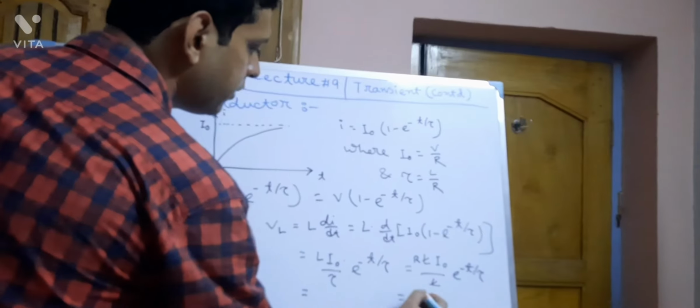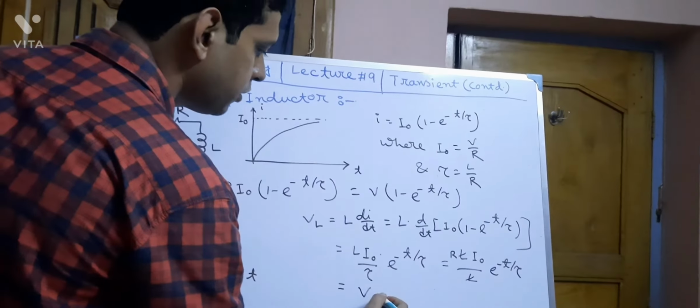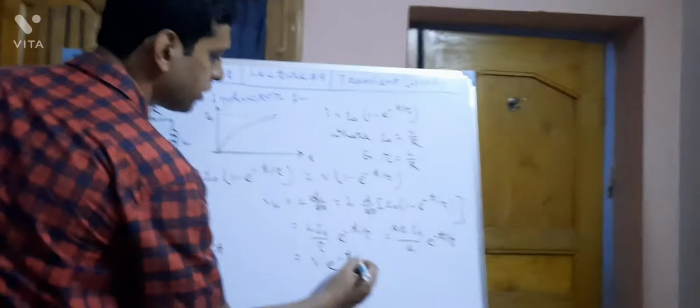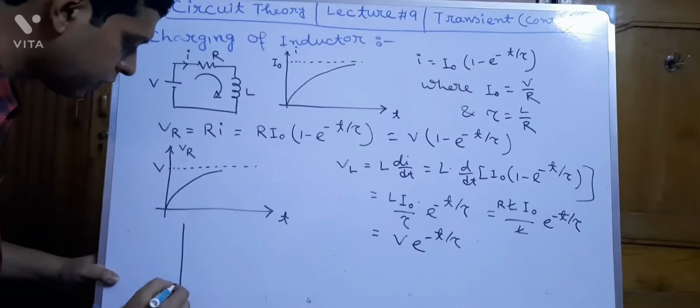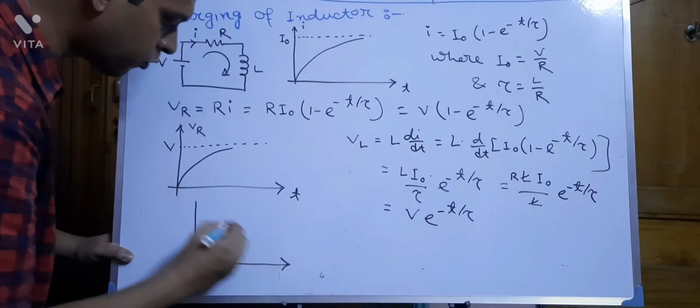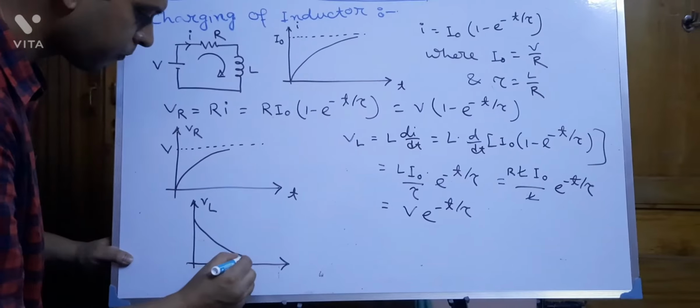We know that R into I0 is V, so VL equals V e to the power minus t by tau. So the nature of the waveform of VL is like this one.